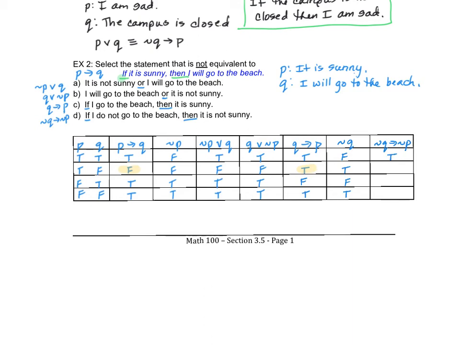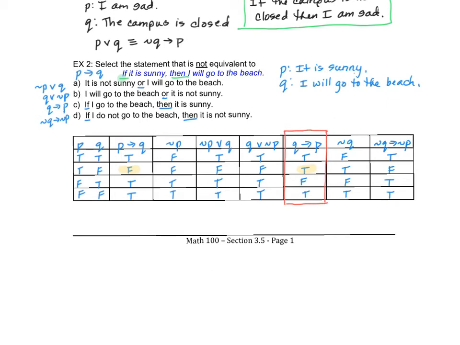And then true to false is false. False to true is true. True, true is true. So this statement is equivalent to our original statement. So the only statement that is not equivalent to if P then Q is this if Q then P.